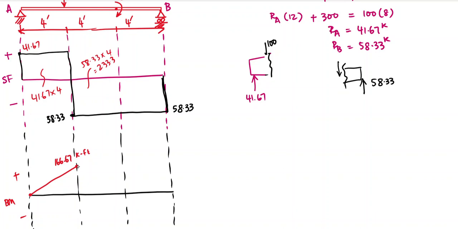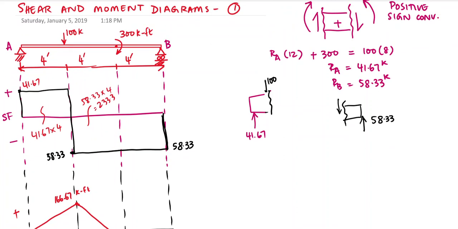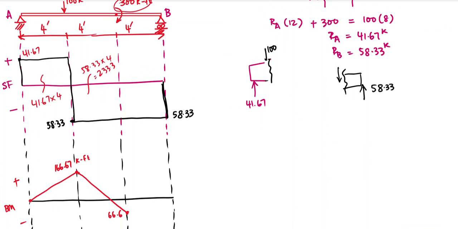So 166.67 minus 233.3, you will get a value of 66.6. So come here all the way down to 66.6 here. Now remember, that part has a moment of 300 kip-foot acting here, right? You have a 300 kip-foot moment acting there.